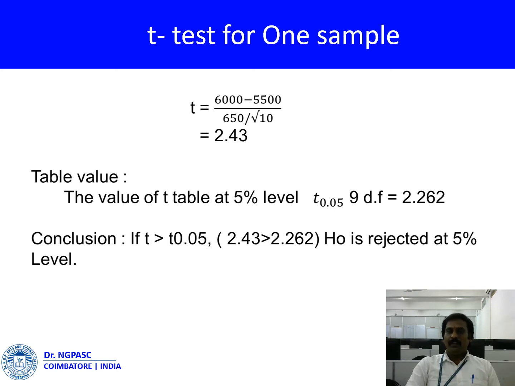Then we find the table value. The value of T table at 5% level, t alpha, with 10 minus 1, 9 degrees of freedom is equal to 2.262. In conclusion, the calculated value is greater than the tabulated value, 2.43 greater than 2.262, so the null hypothesis is rejected at 5% level of significance.